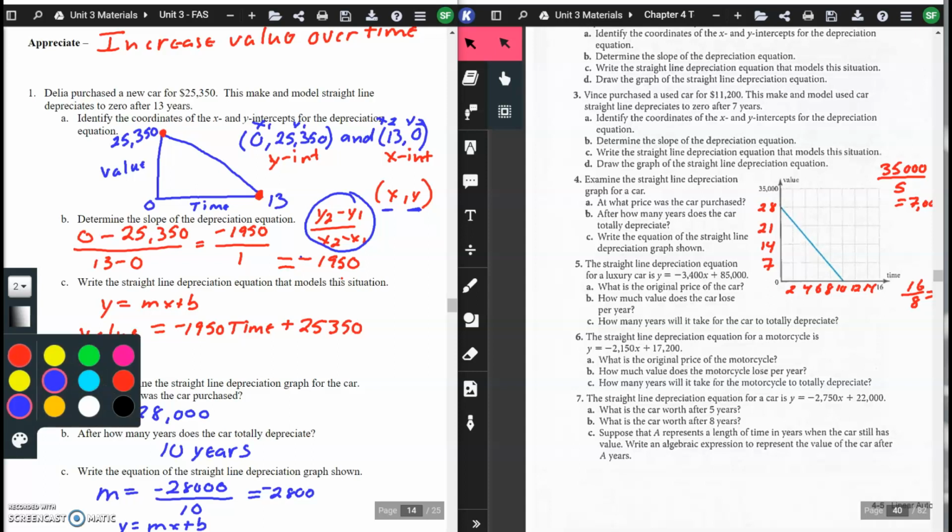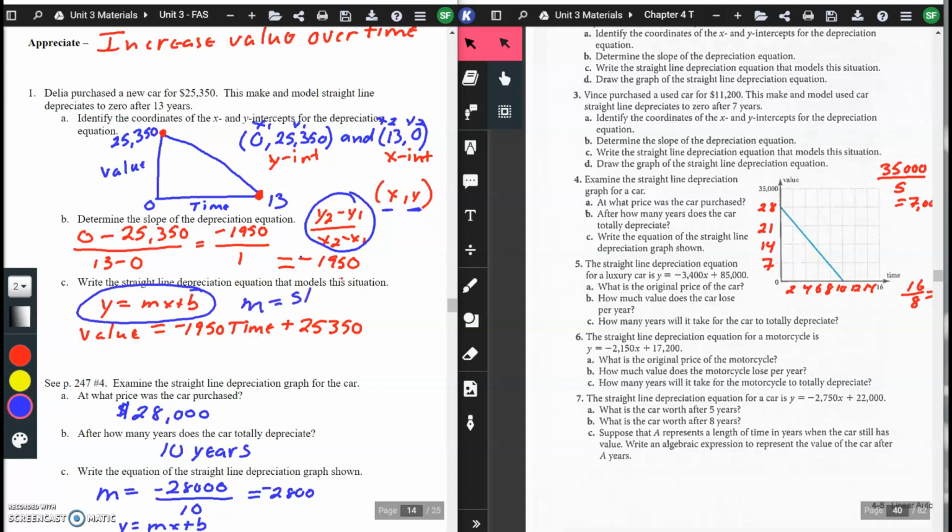So remember, that's your slope-intercept formula, y equals mx plus b. M is your slope, and b is your y-intercept. So if you remember, our y-intercept was up here on the graph. It's where it crossed the y-axis. That value was 25,350, so that goes right here.